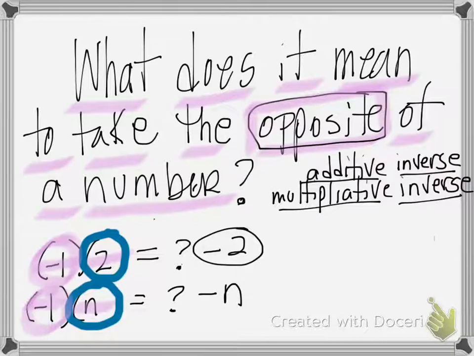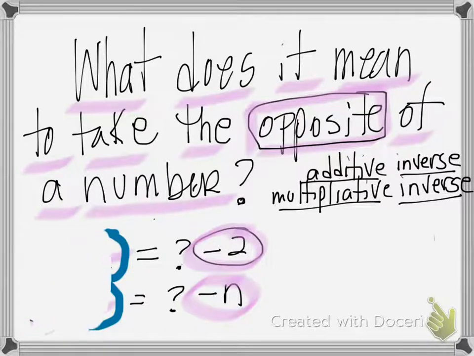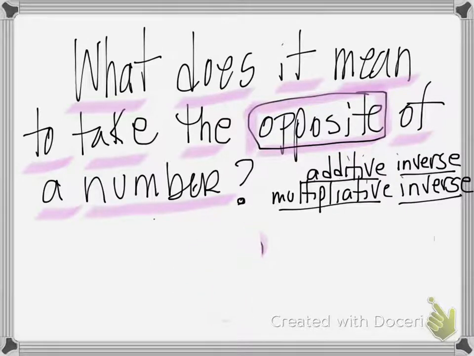When multiplying by negative 1, that is going to give us the multiplicative inverse of the number we began with. So additive inverse is what causes the original number to be 0, and multiplicative inverse is actually just multiplying something by negative 1.